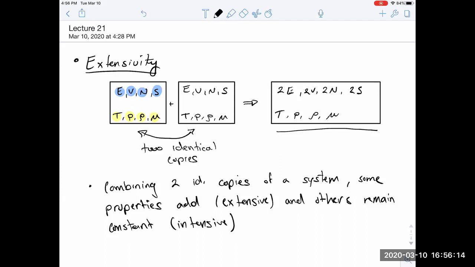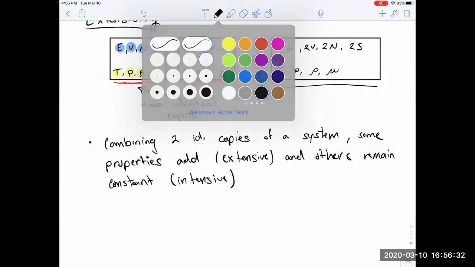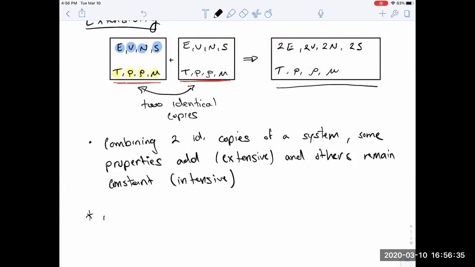All right. Now this is kind of an odd thing, right? If I actually took these two systems, the one on the right and the one on the left, and added them together, shouldn't they interact? If these were actually made of atoms and molecules, those atoms and molecules live on the boundaries. There should be an interaction between those new sets of molecules, and shouldn't that change the total energy?